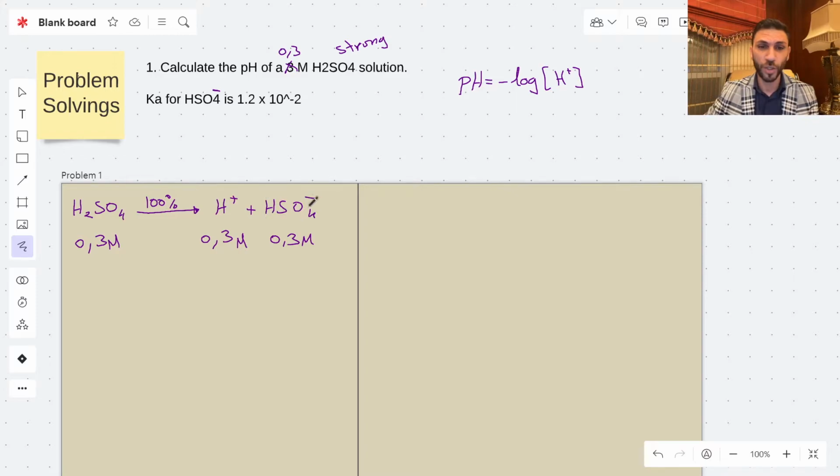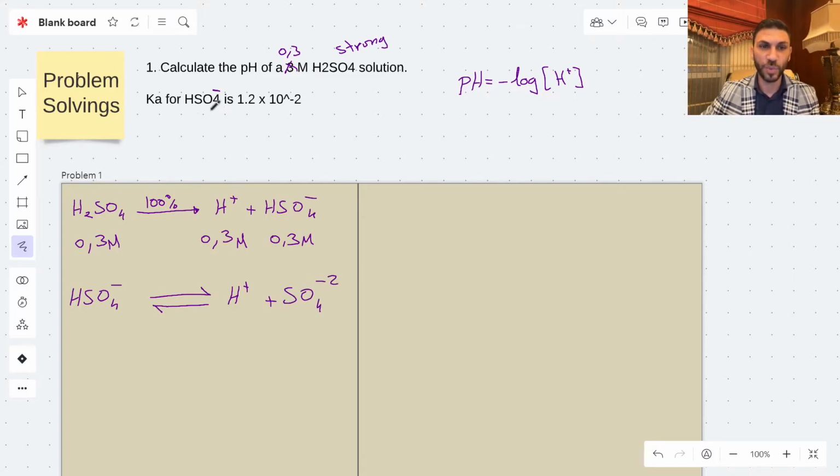Now, the second step: what about HSO4-? It will also ionize to give you H+. In this case, it's a weak acid, so the reaction is reversible, giving you H+ plus SO4 2-.